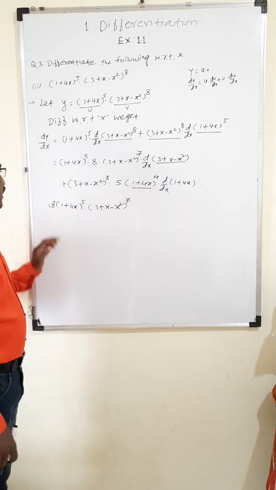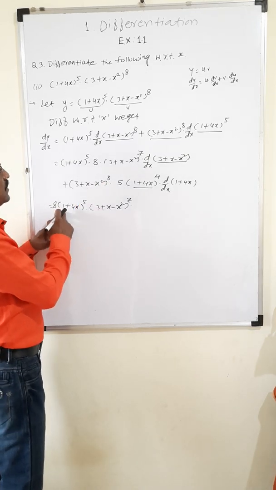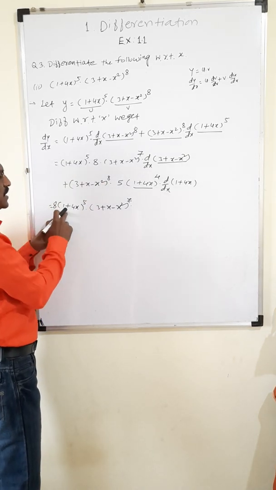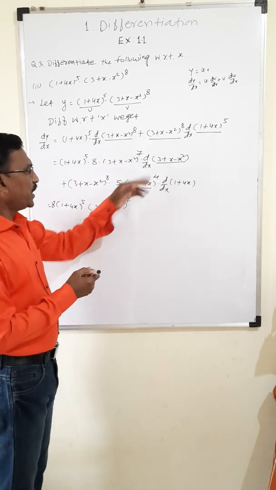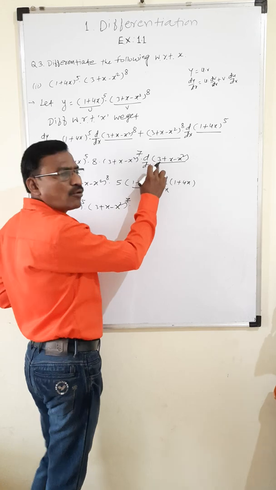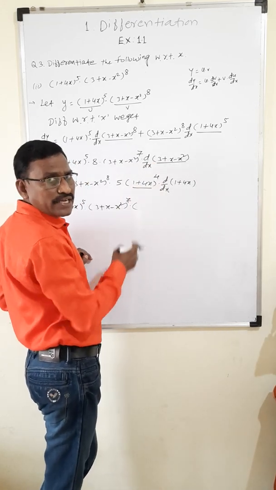derivative here, so 8 as it is, and this function as it is, into derivative here. Derivative of constant 3 is 0, so no need to write here.